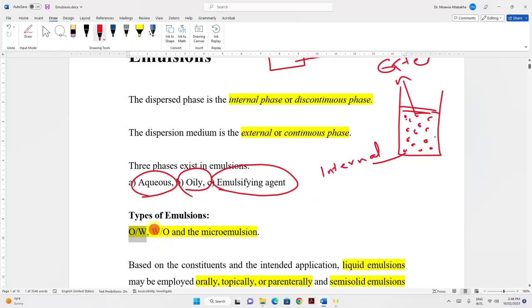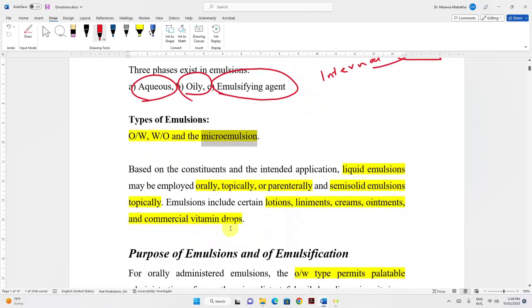But when I say water in oil, it means the internal phase, the globules, are aqueous, and the external phase is the oil. These are the two main types, and we have a special type of emulsion that is referred to as microemulsion. Microemulsion we will talk about separately later.